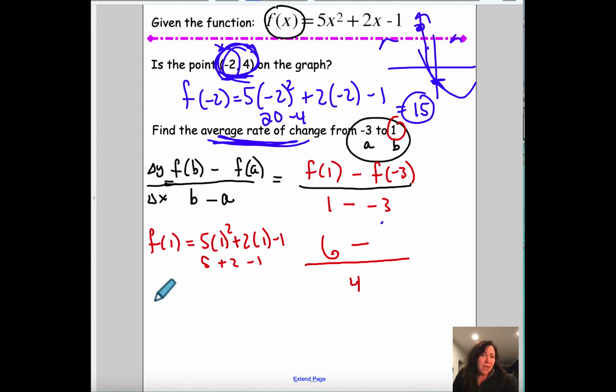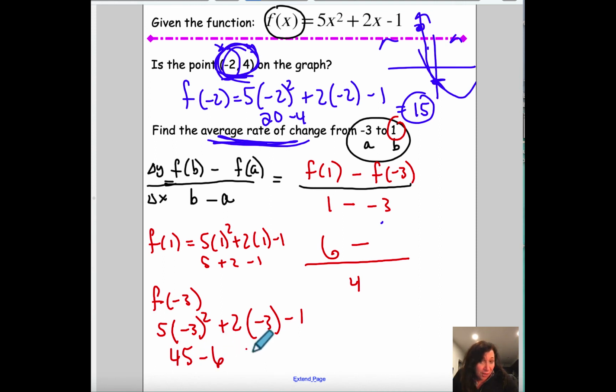Minus. Now I've got to plug in f of -3. So 5 times -3 squared plus 2 times -3, subtract 1. So 9 times 5, what's that? 45, subtract 6, 39. 39 minus 1 is 38. So f of -3 is 38.